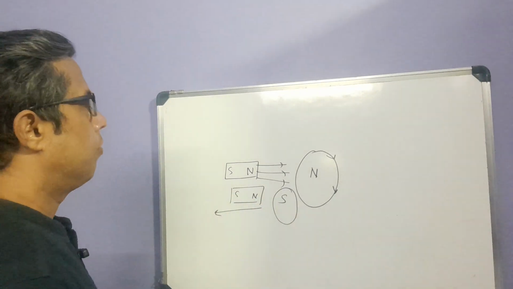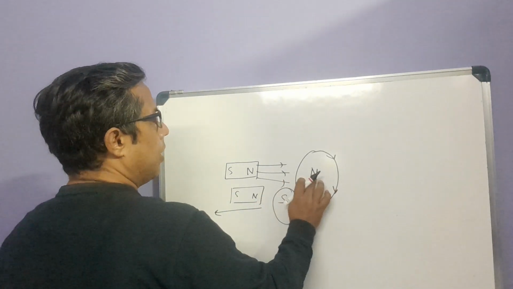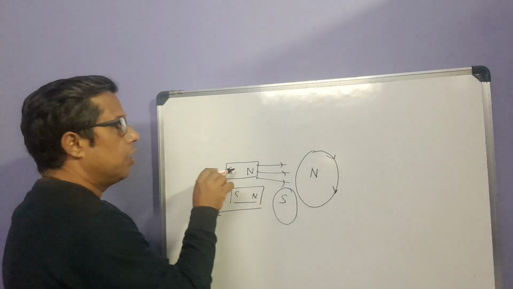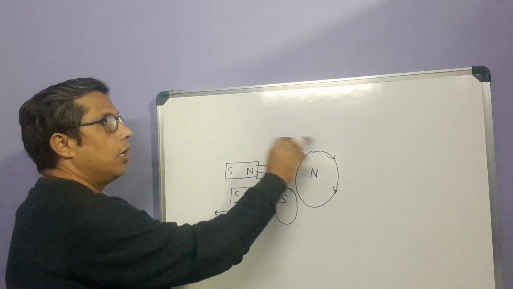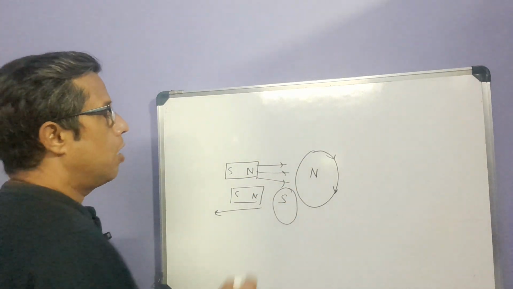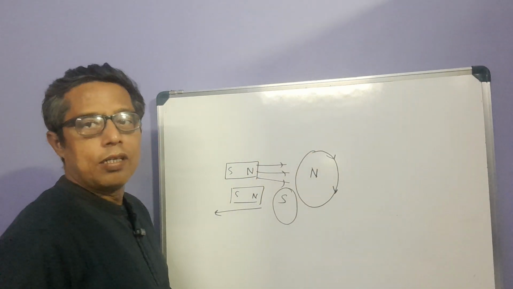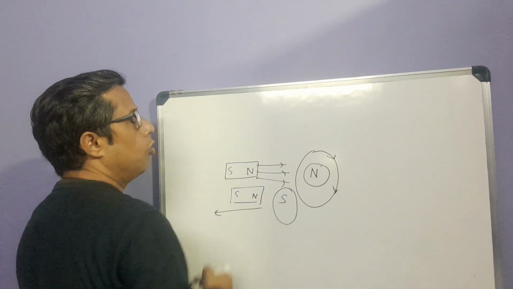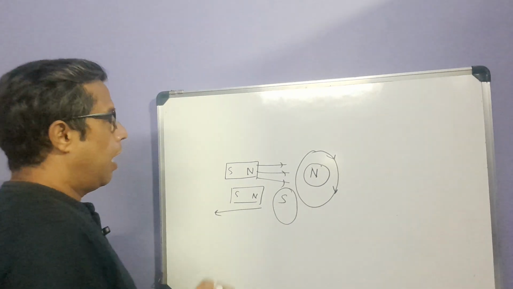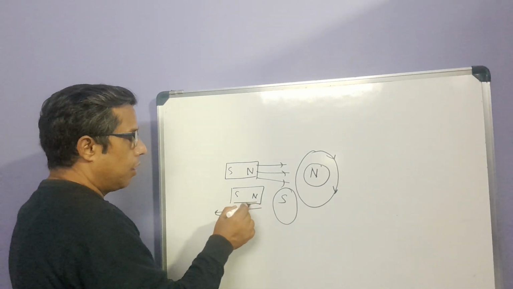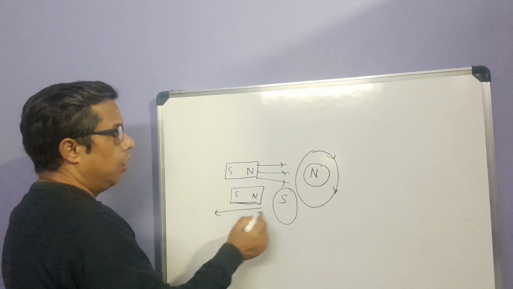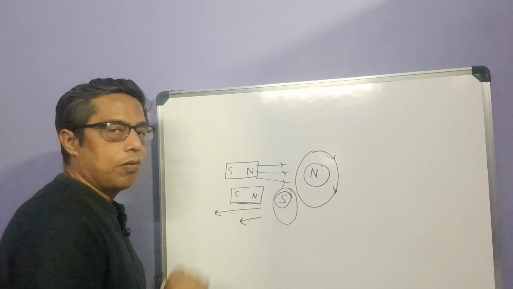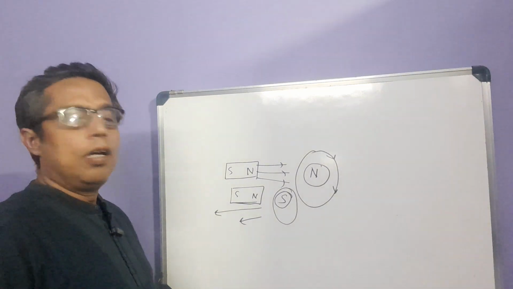Now a north pole means the current will be produced in the anti-clockwise direction. Whenever the magnet approaches the coil, the current will be anti-clockwise, so the north pole will be there. And whenever the magnet goes away from the coil, a south pole is produced, because the current will be in the clockwise direction.